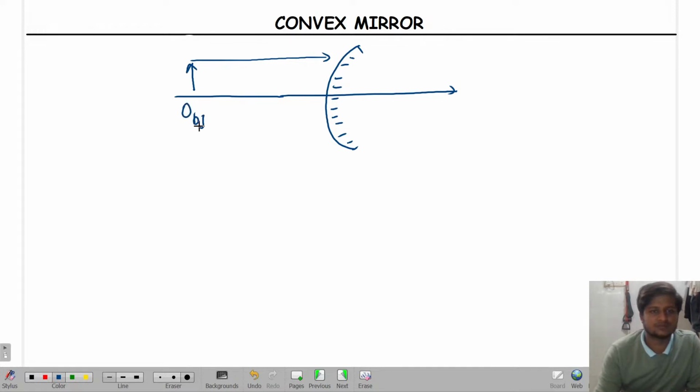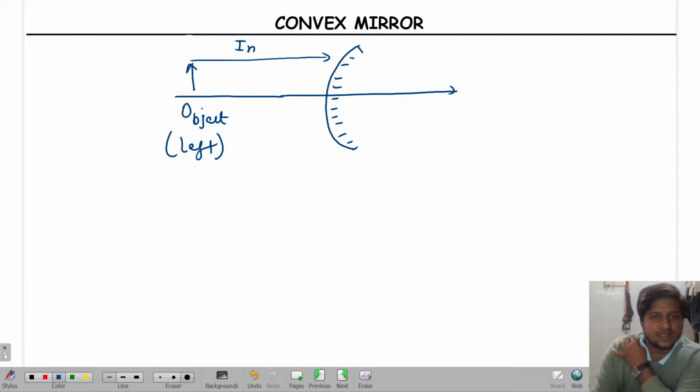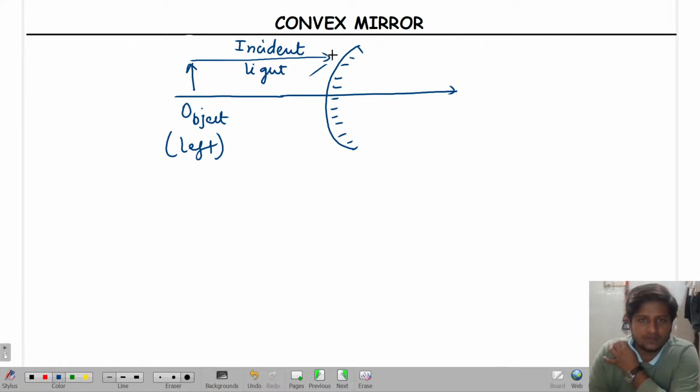This is my object, left. This is my incident light. Okay, it is going to fall over here and it is going to diverge away from this point. If it is going to diverge away, I see that I have the focus inside the convex mirror and the center of curvature inside the convex mirror.